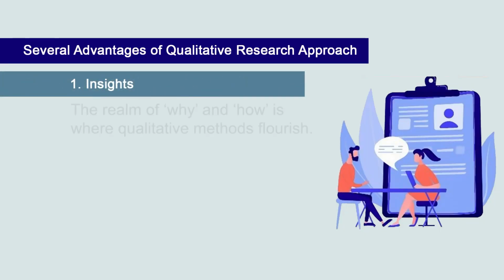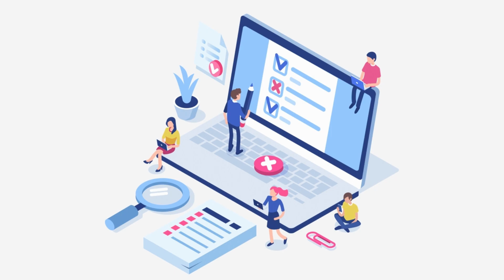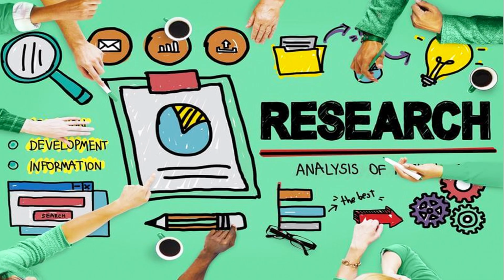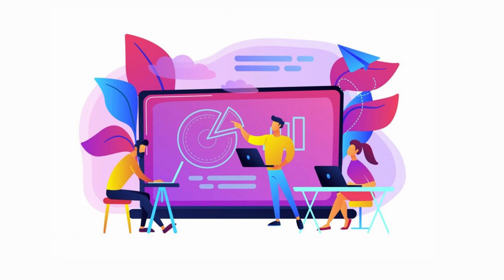Some of these are insights. The realm of why and how is where qualitative methods flourish. As urban researchers employ these methods, they gain insight that guides them to the motivations and intentions driving the urban landscape.